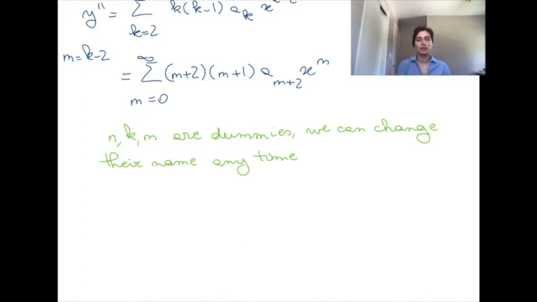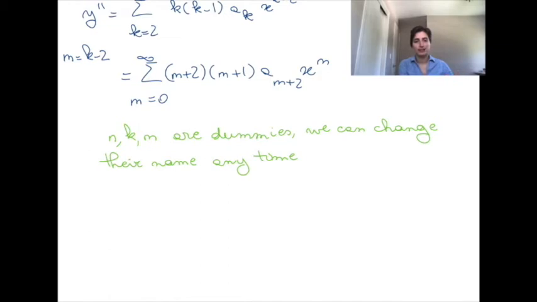So I introduce an m that is equal to k minus 2. And k becomes m plus 2, k minus 1 becomes m plus 1, and k minus 2 becomes m. So now I have a sum from m equals 0 to infinity of (m plus 2) times (m plus 1) times a_(m plus 2) times the mth power of x.